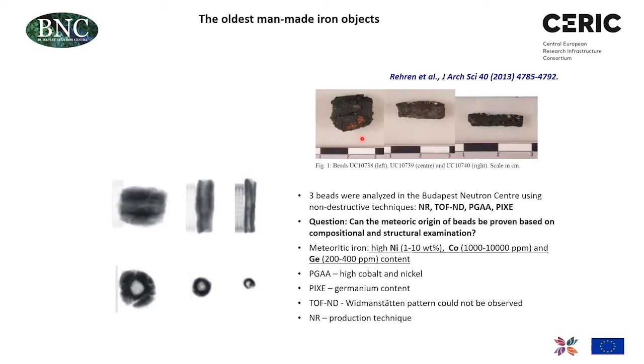And the composition was also quite exciting, because relatively high nickel and cobalt and germanium content were identified by PGAA and also PIXE, and that was the evidence of an extraterrestrial origin of the raw materials. So we assume that this piece was fabricated from a meteorite fallen down to the earth, and that's why it has some cultic and sacral significance.